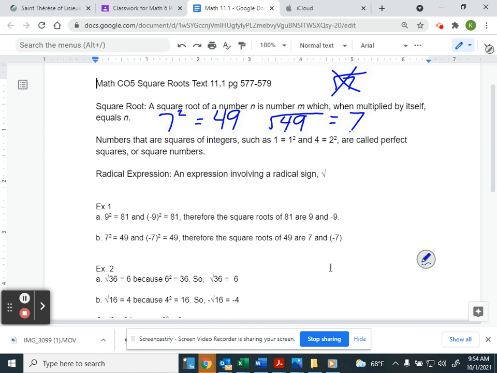Okay, so numbers that are squares of integers, such as 1 equals 1 squared, 4 equals 2 squared, are called perfect squares or square numbers. So those perfect squares are a good thing to know.